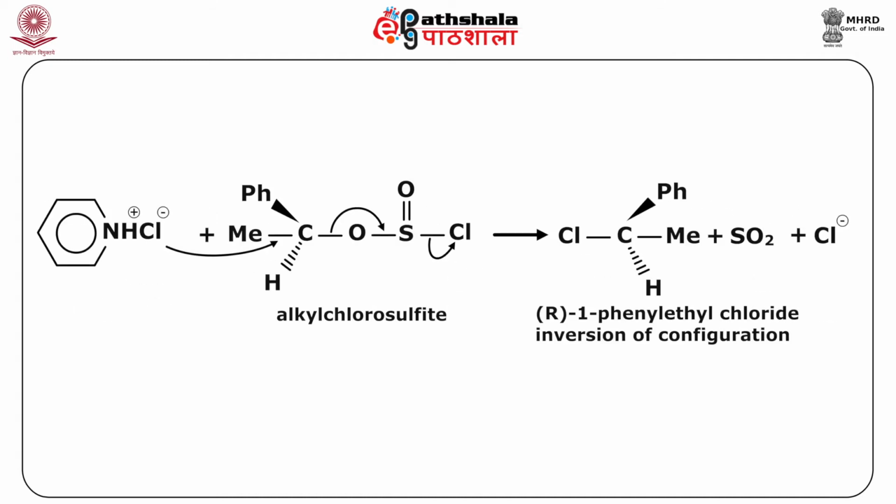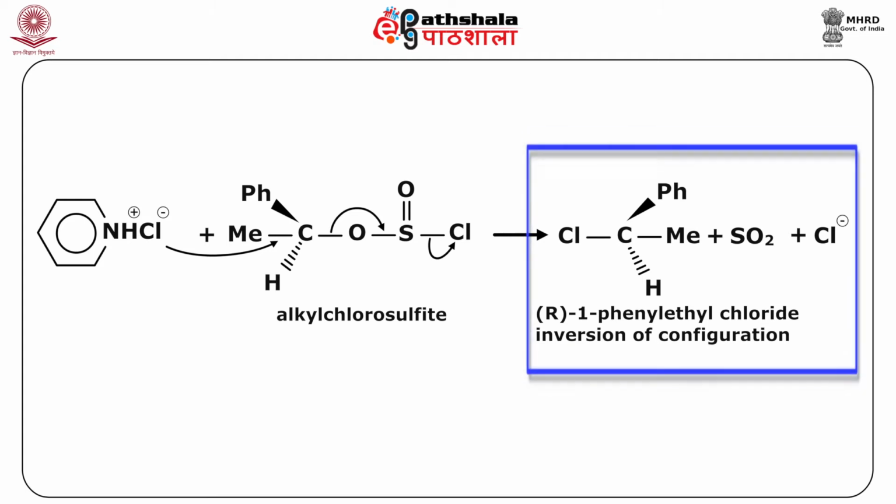It is interesting to note that if S-1-phenyl ethanol and SOCl2 react in the presence of a tertiary amine such as pyridine, the product with R configuration, 1-phenyl ethyl chloride, is obtained. That is, inversion of configuration generally occurs.